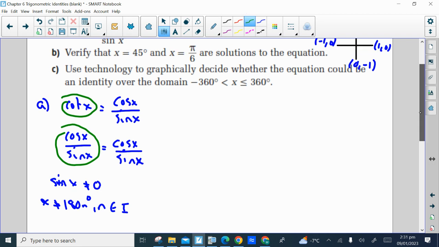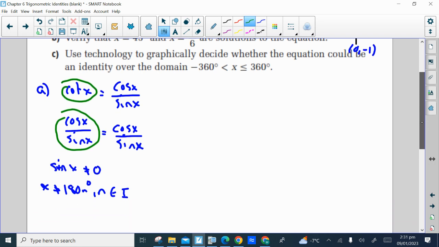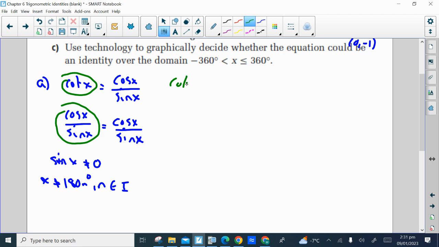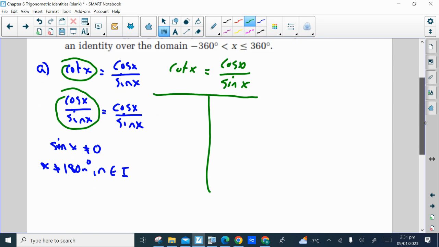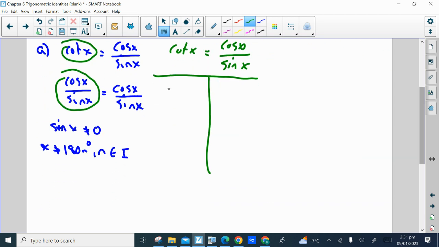Part B, verify that it is true for those two angles. The first angle being 60 degrees. Nope, sorry, 45 degrees.